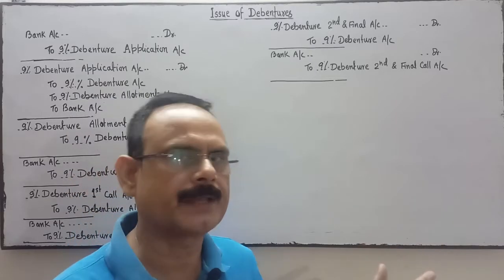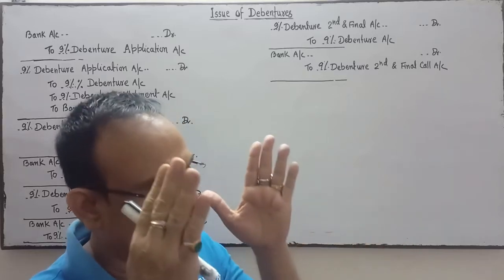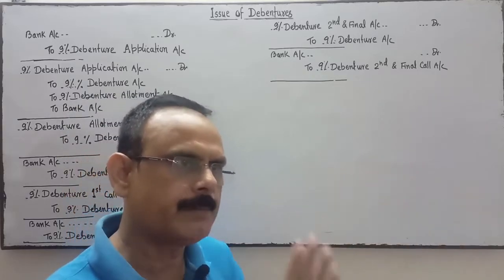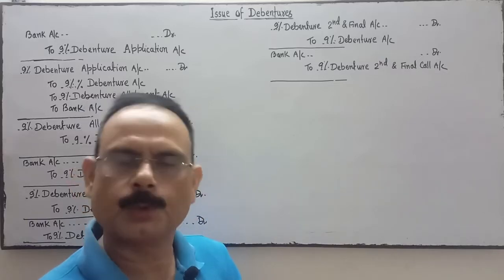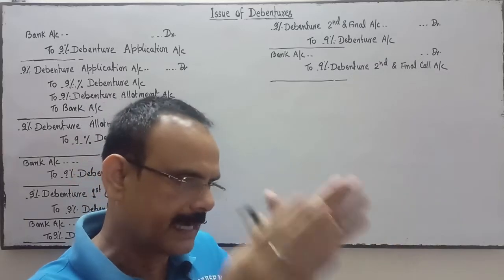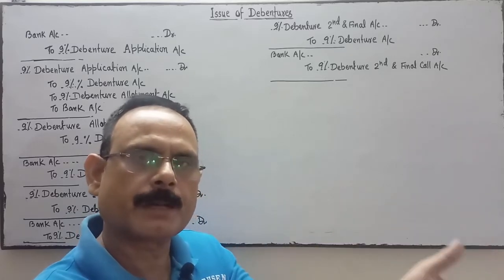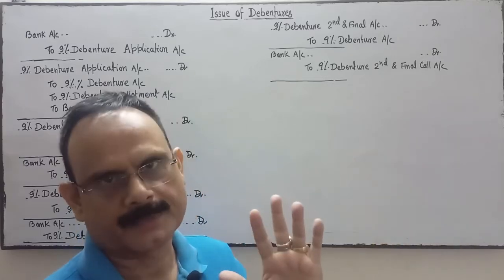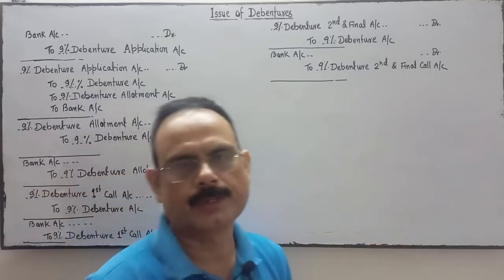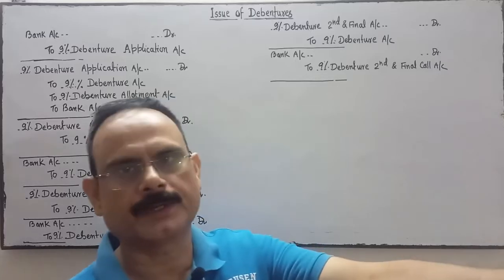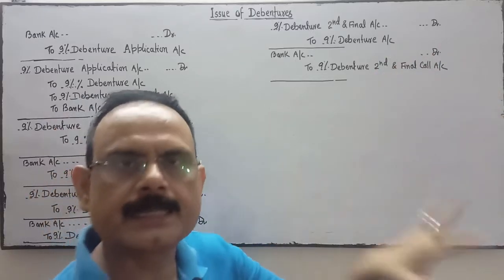It means offered debentures and applied debentures are the same. So there may be three cases. First, the number of debentures issued by the company and the number applied by the debenture holders is the same. Second, the number of debentures offered and the number applied may differ. Maybe applied is more, so it's a case of oversubscription, and if applied is less than offered, then it's a case of undersubscription.